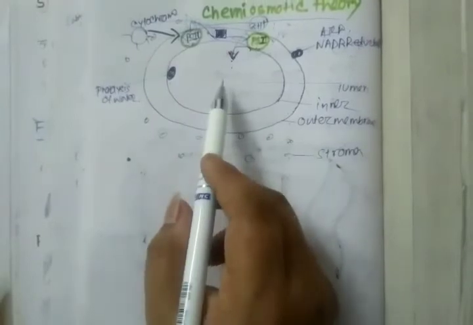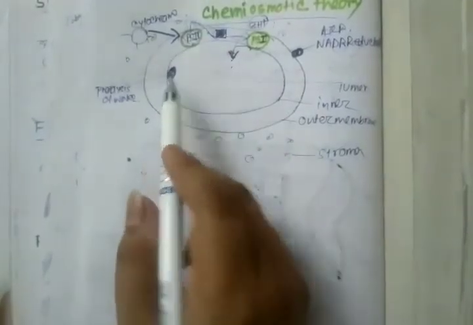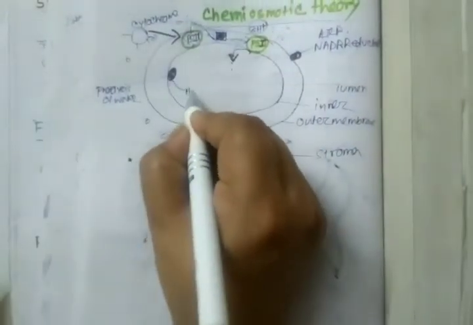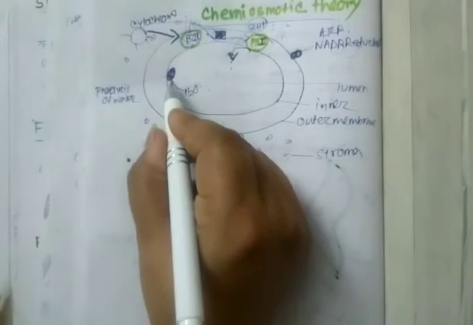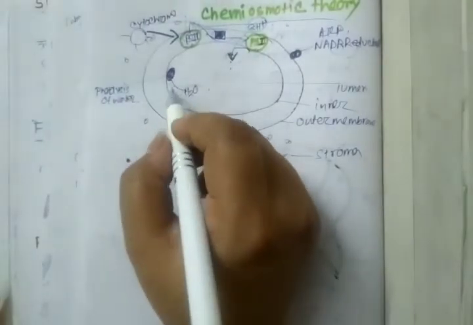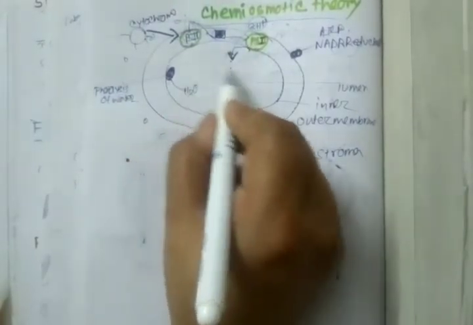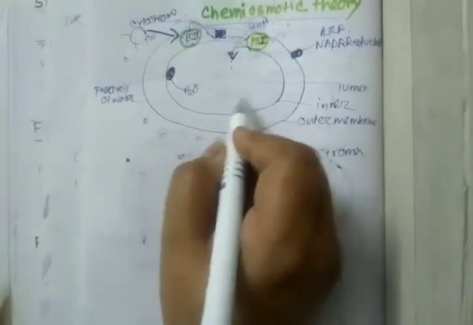This is part 1. Secondly, to replace the electron pair, photolysis of water takes place. Here photolysis of water takes place. So now this water splits here, and splitting of water takes place in the lumen. This is the lumen.